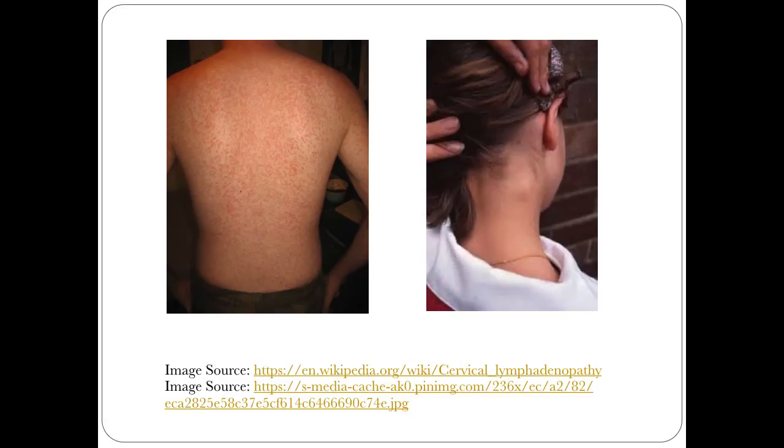Those can be anywhere, like in the front of the neck, in the back of the neck. This one is pretty clearly visible, but sometimes you can't actually see them when you have mono. It's more that you just feel it and you know. And they're tender to the touch. Yeah, they're tender for the person that's sick. And sometimes it can make it hard to swallow too, because they're so swollen.